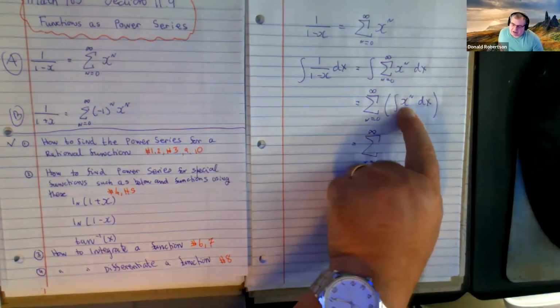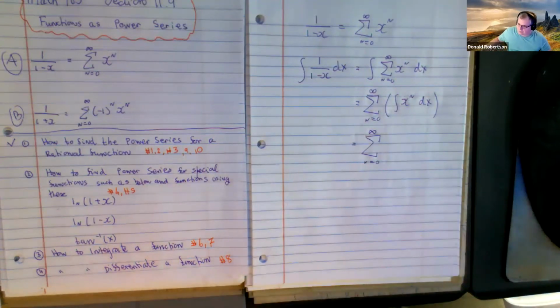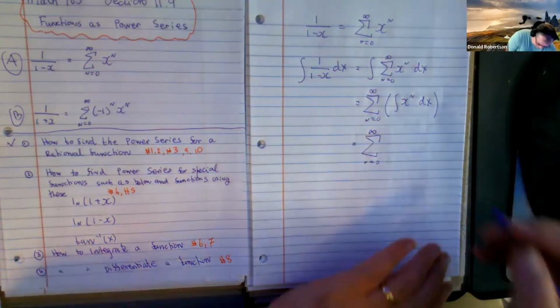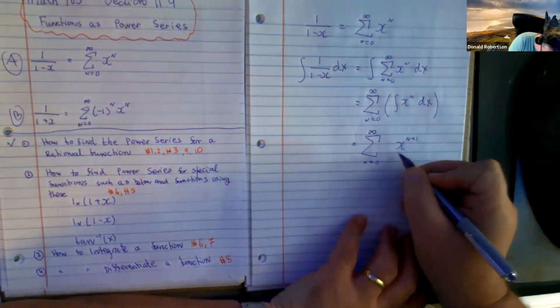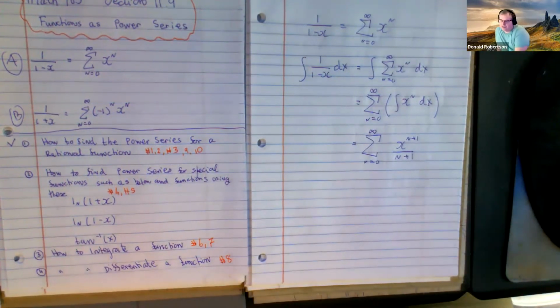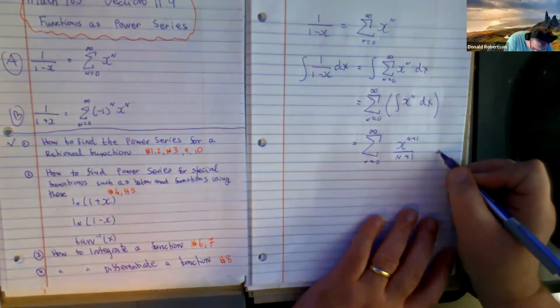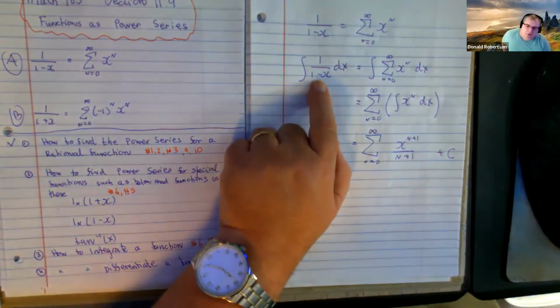If you integrate x to the power of n, where n could be 2, 3, 4, a million, the rule for integrating x to the n is add 1 to the power and divide by the new power. Would you agree? And technically, plus c. Now, let's go over here.